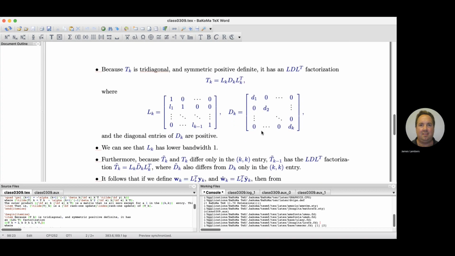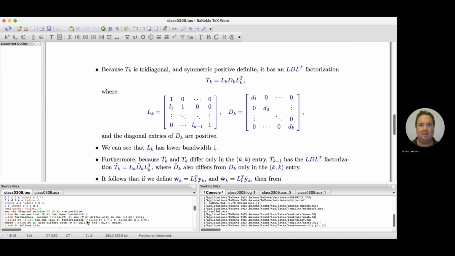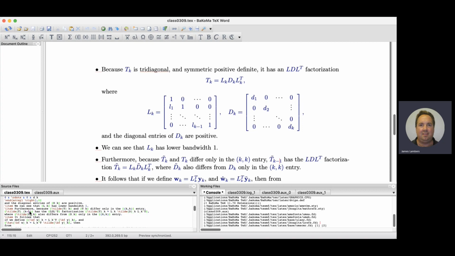Now, we've seen that TK and TK tilde are the same, except for the KK entry. And it turns out that because we only differ there, okay. Oh, we seem to have a mistake here. It should be TK tilde, not TK minus 1 tilde.